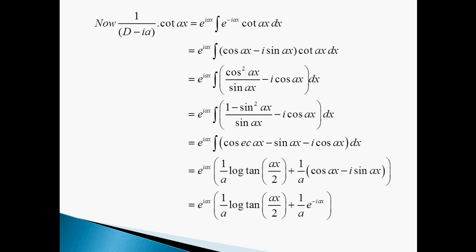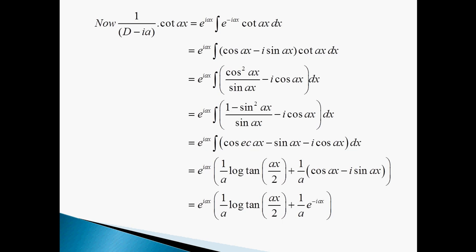Now we take 1 upon (D minus ia) cot ax by the formula: e to the power iax integration e to the power minus iax into cot ax dx. By De Moivre's theorem, e to the power minus iax equals (cos ax minus i sin ax) into cot ax. We multiply cos ax into cot ax, we get cos square ax upon sin ax, and multiply sin ax into cot ax, we get cos ax.